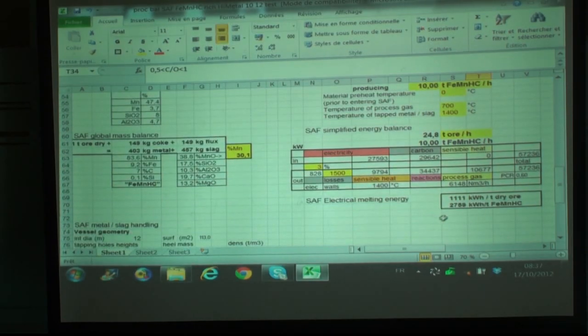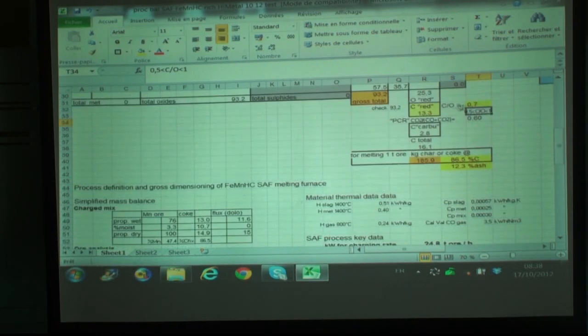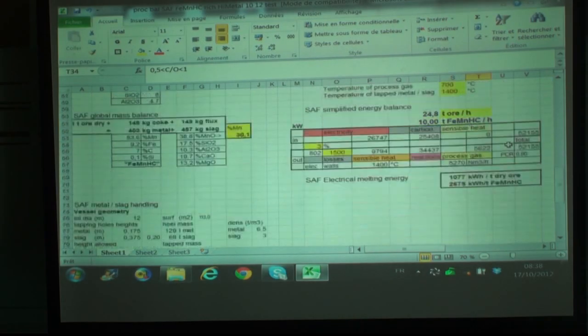I'll just check. It's interesting. It's not a big influence as well. I was thinking. Let me show you. PCR. Now we have 0.6 and 0.8 PCR, or C over O 0.6, PCR 0.8.